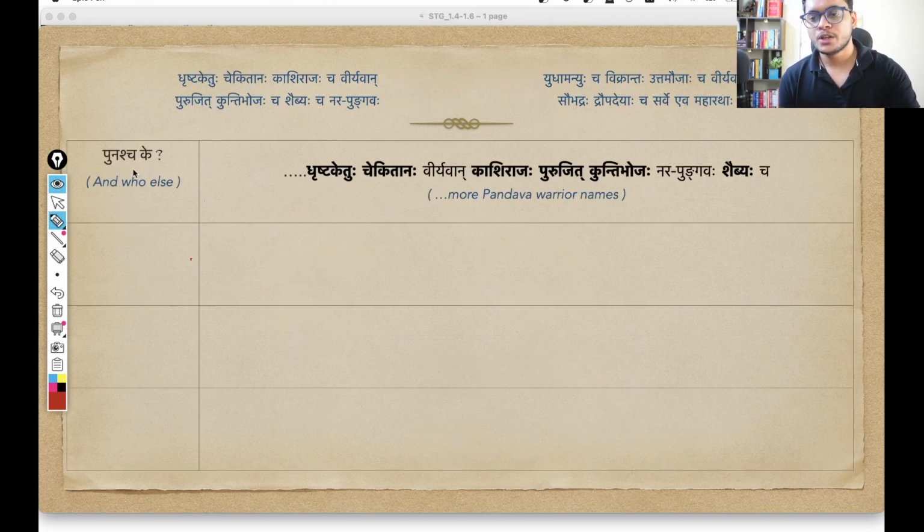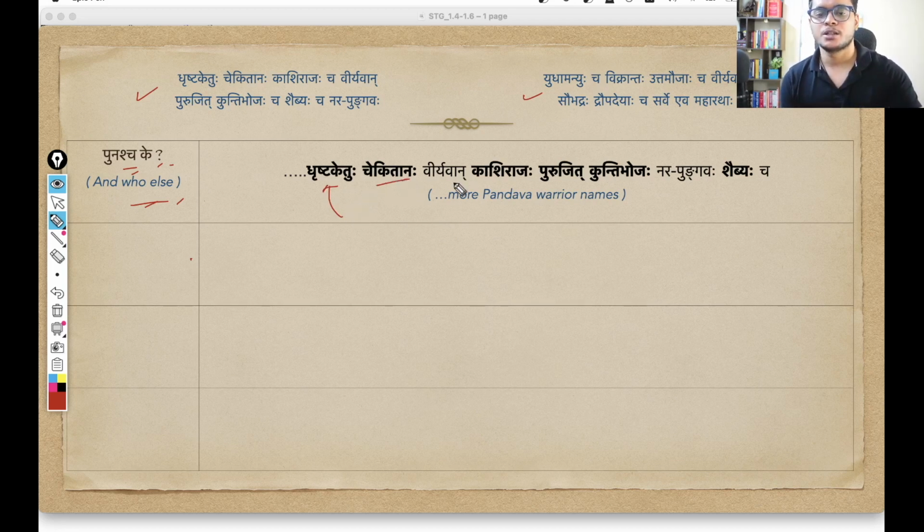So moving forward, we encounter this question again, Punaschit, that who else? And these are the fifth and sixth shloka. And since all these shlokas just mention the names of the prominent warriors of Pandava side, I'm taking these shlokas together, right? So Punaschit, who else? So Dhrishtaketu, again one of the warriors from the Pandava side.